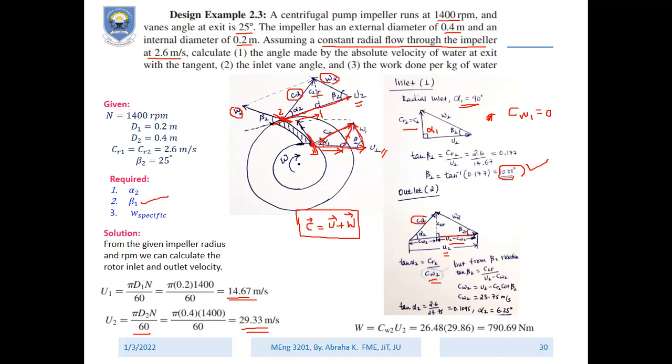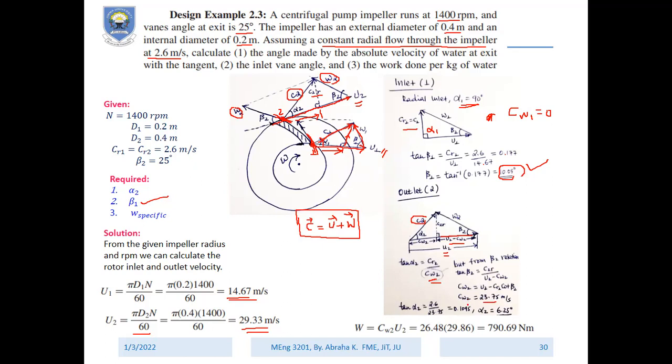Since we have beta 2, CW2 can be found from that relation. Tan beta 2 means CR2 divided by U2 minus CW2. From that, CW2 was calculated to be 23.75 meters per second.